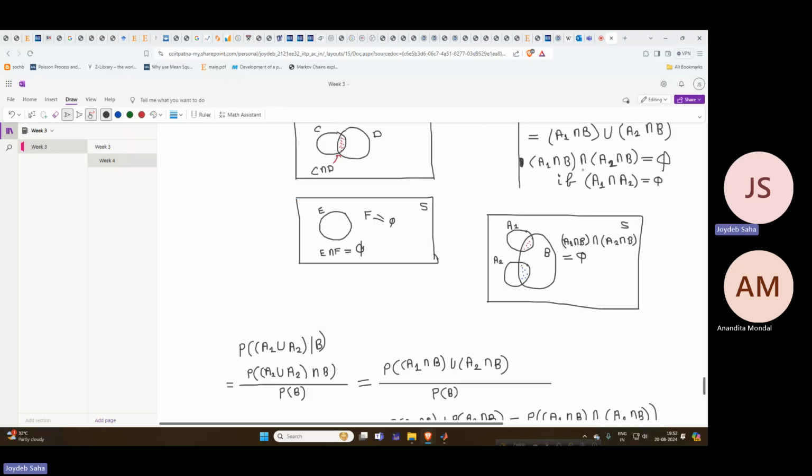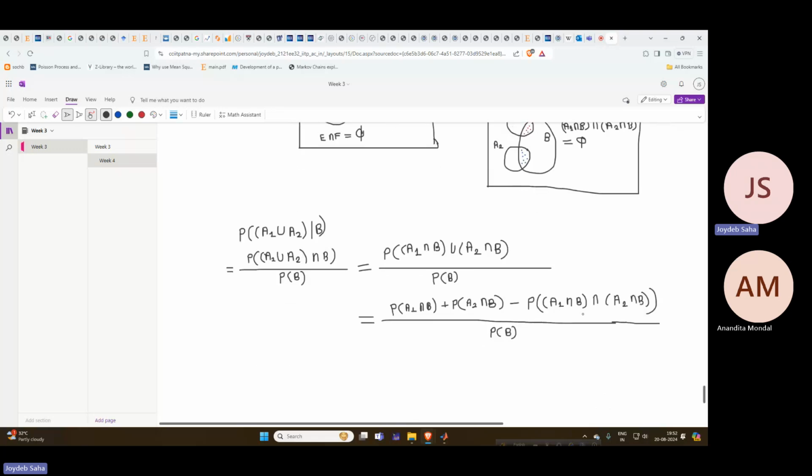If A1 intersection B intersection A2 intersection B is phi, then its probability will be 0.